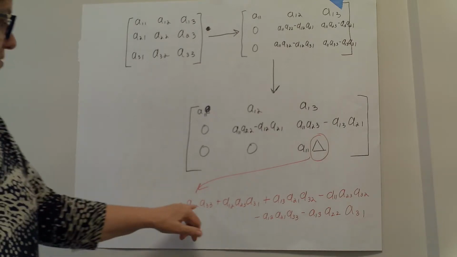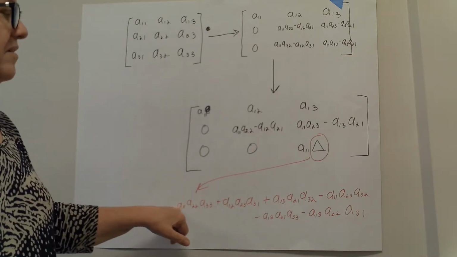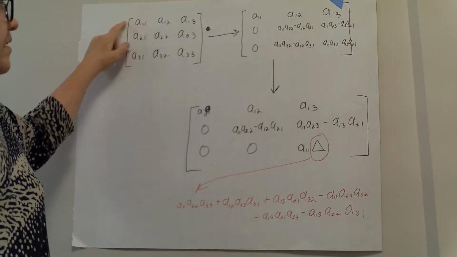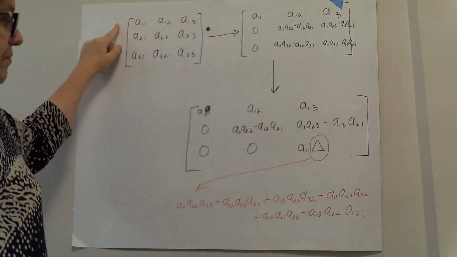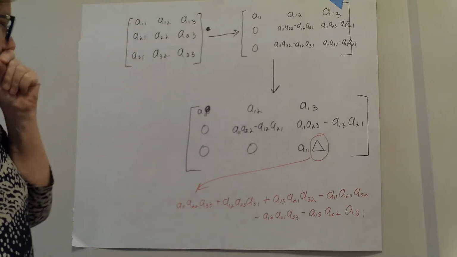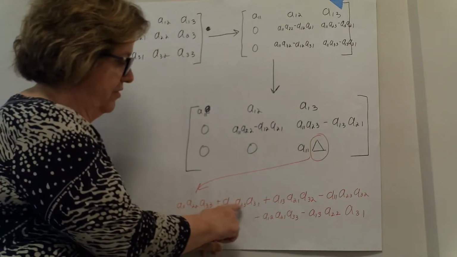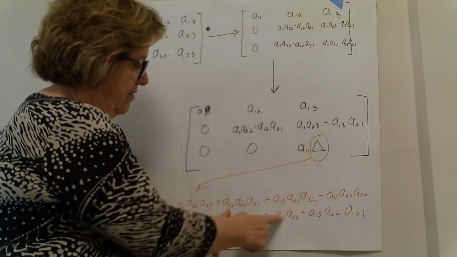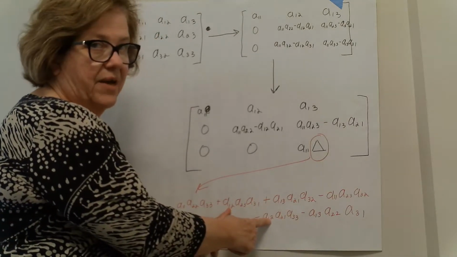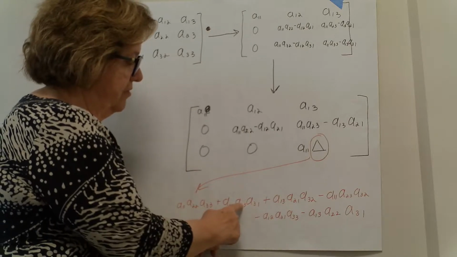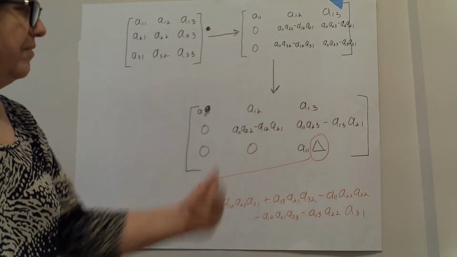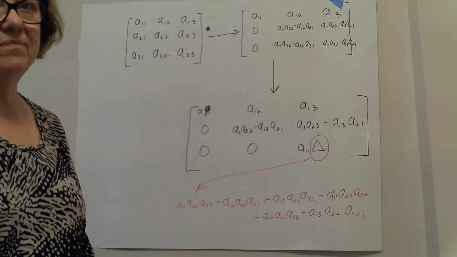So that's as if we're taking the cofactor expansion using this first row. Notice we also get a12 here and a12 here. And if we factored out an a12, we would have a23 a31 minus a21 a33. This is where the cofactor expansion comes from.